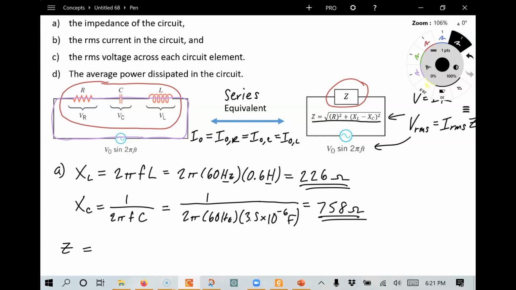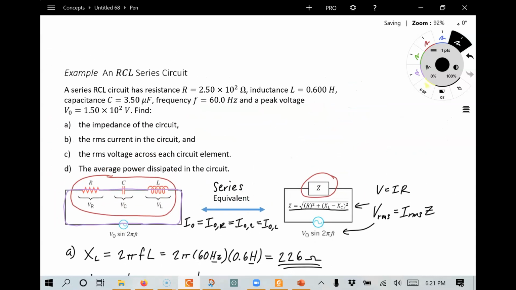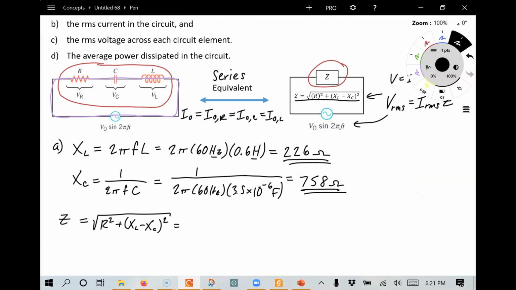So we're going to go ahead and take a square root of the resistance. Well, let's write the equation out real quick. It's going to be the square root of the resistance squared plus the difference of XL minus XC, squared. So to put all these into the equation, the resistance here is 250 ohms.